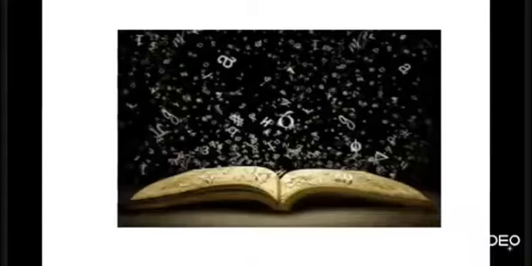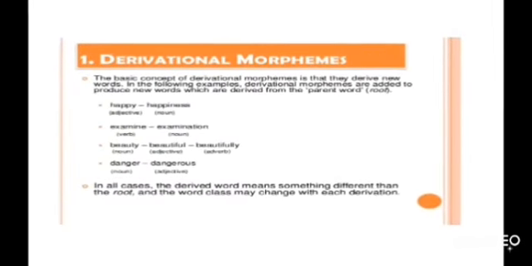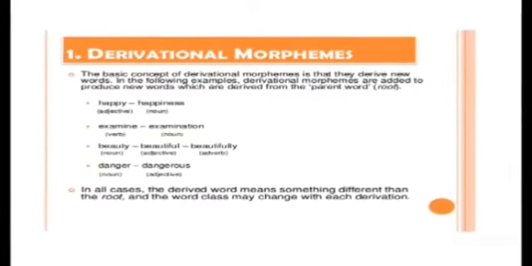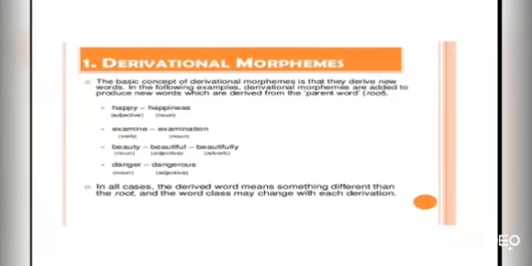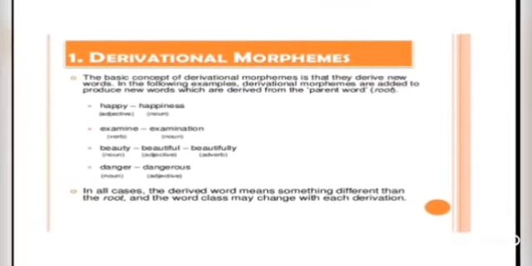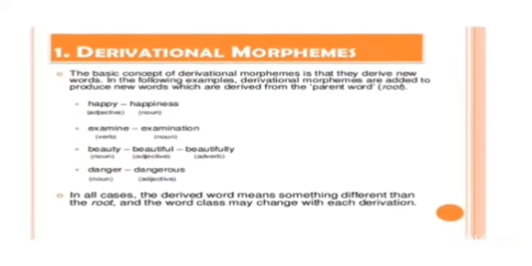Now, I am going to explain derivational morphemes. The basic concept of derivational morphemes is that they derive new words. In the following examples, derivational morphemes are added to produce new words, which are derived from the parent word. For example, happy, happiness.